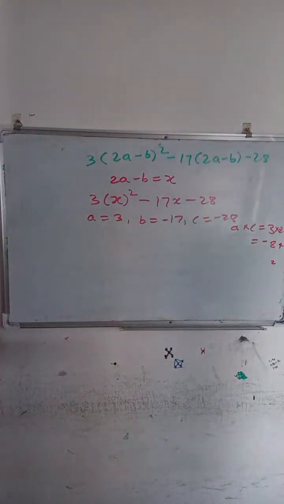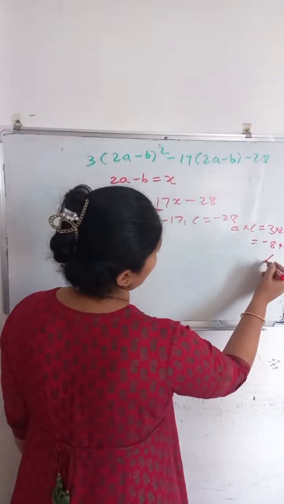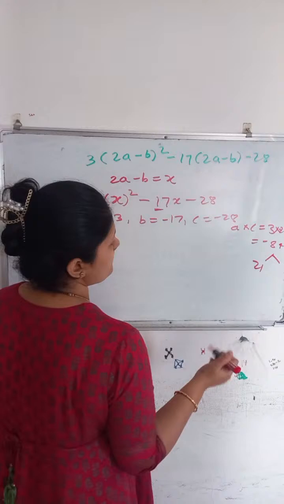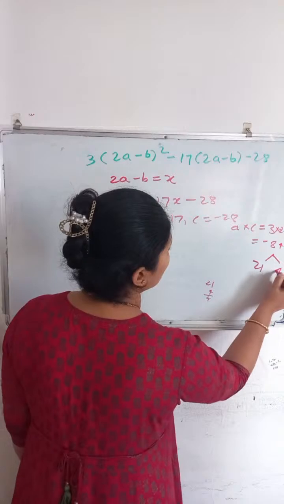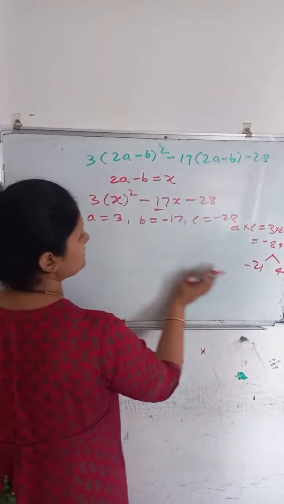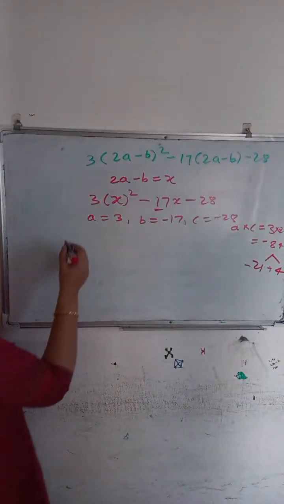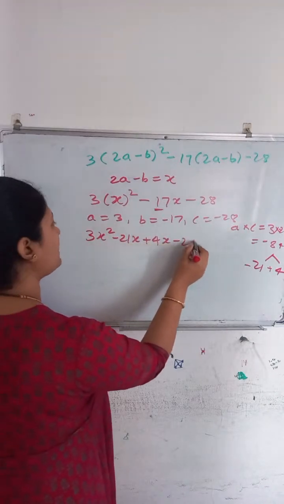Okay, so you take factors of minus 84 in such a way that their difference comes 17. So 84 means 21 into 4, and I will take 21 as a minus and this as a plus. Minus 21 plus 4, that is equal to 3x² − 21x + 4x − 28.